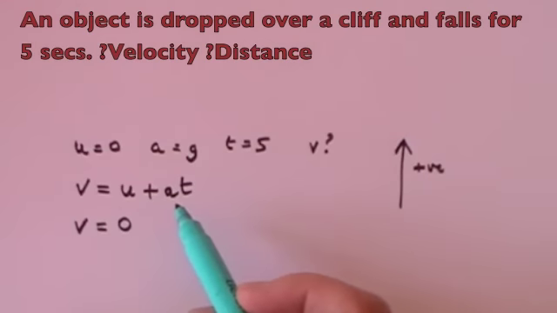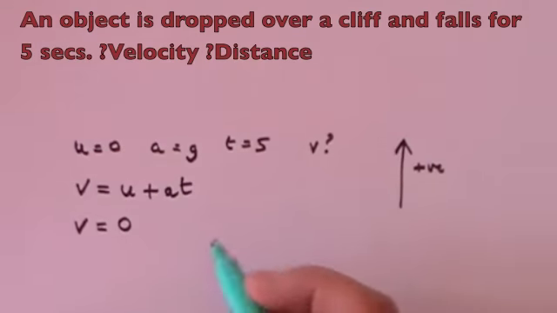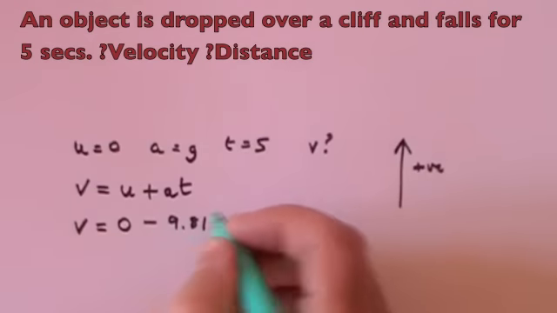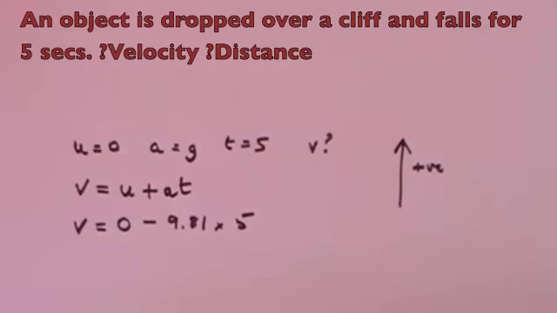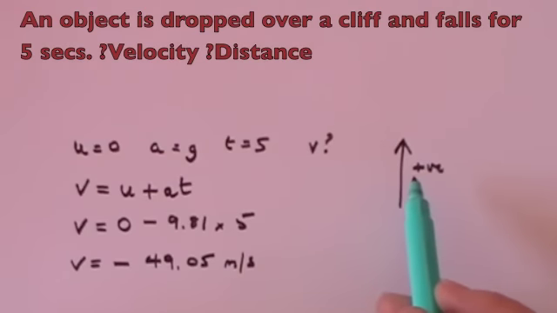So gravity is therefore minus 9.81 because it acts downwards, multiplied by the time, which is 5, and that gives you a velocity equal to minus 49.05 meters per second. The minus simply tells you that the velocity is going downwards. So at the end of the 5 seconds, the object is travelling at 49.05 meters per second down. It's minus because the positive direction is up.